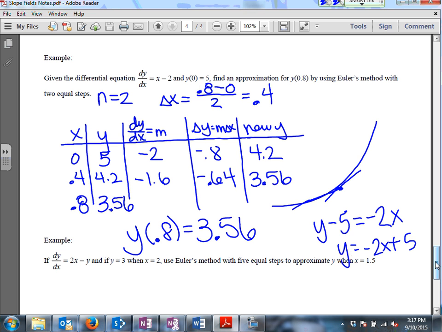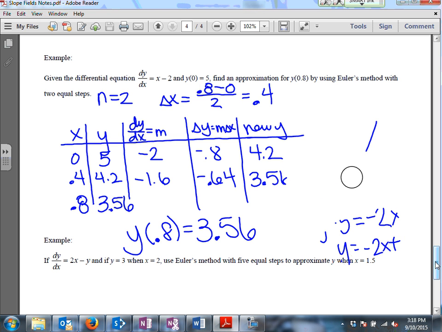Plug in 0.8 to that. 3.4. This is a lot closer to 3.76 than 3.4 is, right? Okay. So those of you in statistics, you can do all of your error, the percentage, right?